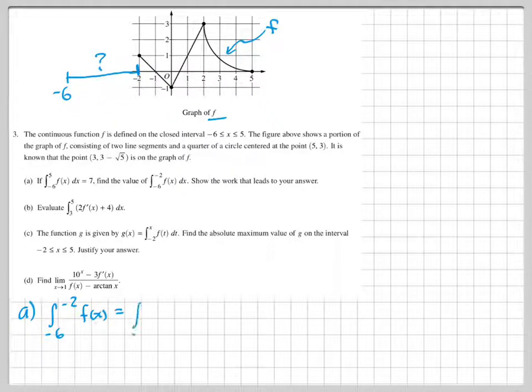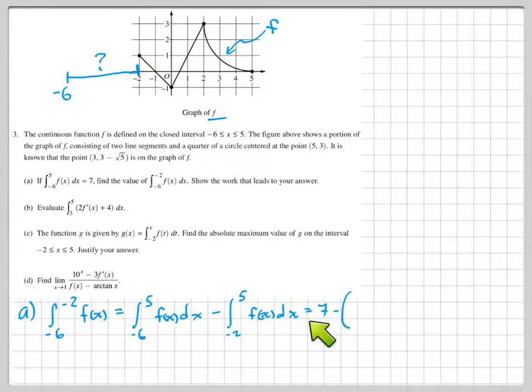The bigger interval minus the smaller one, -2 to 5, would give us the -6 to -2. So can we figure this out? Yes, we can. We're given this value, which is 7, and then the other one that we're going to subtract is going to be the area between the curve and the x-axis.